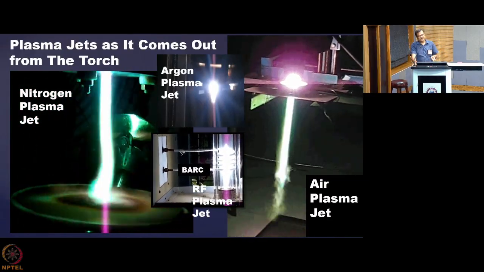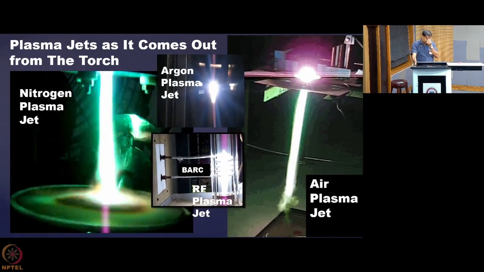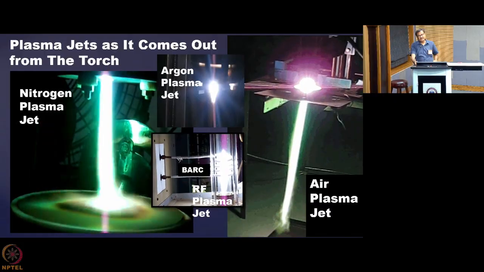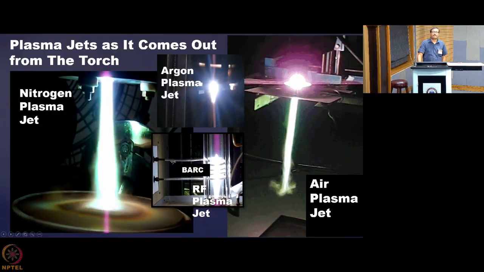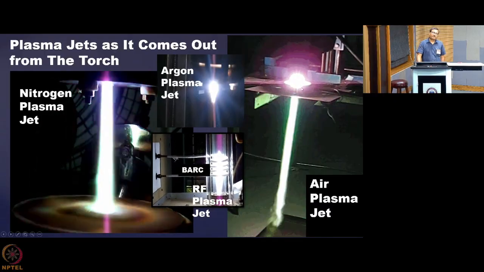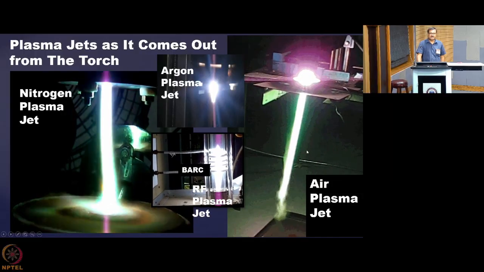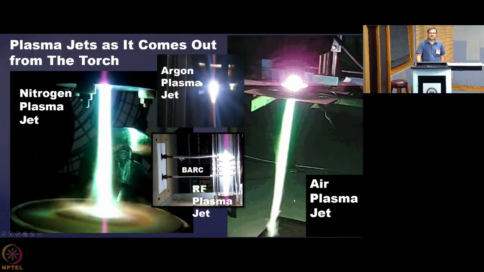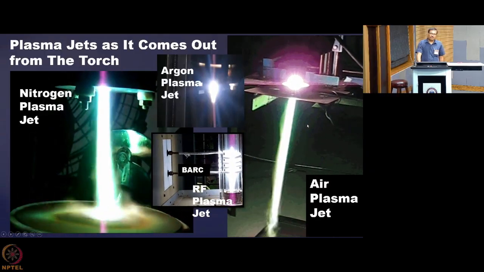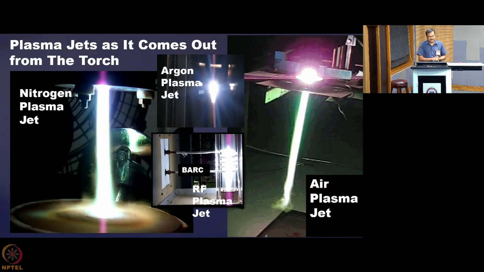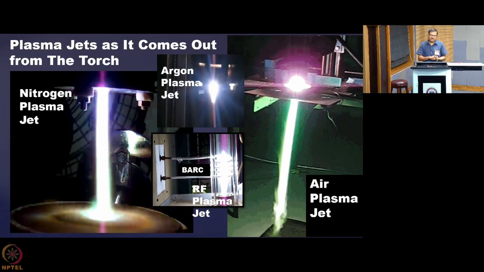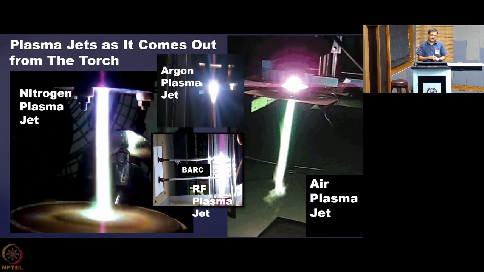So, current is fixed, gas flow rate is fixed, gas is fixed, geometry is fixed, everything is fixed. But still, you are seeing that the plasma jet is oscillating a lot. It is showing lots of instabilities. So, what is the origin of these instabilities? That is a very important question which you need to answer.